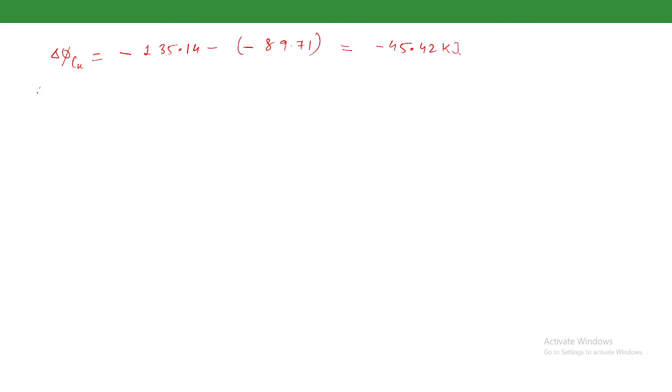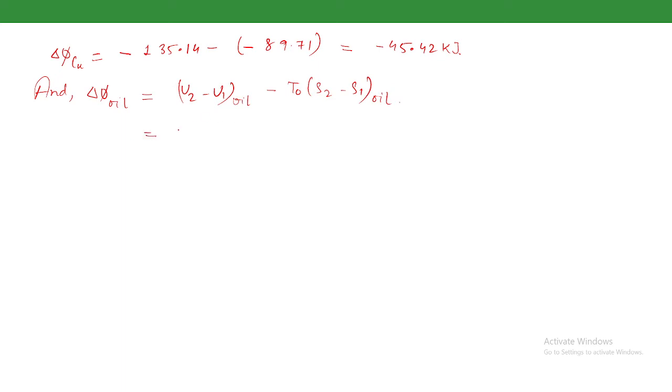And the change in available energy of oil is equal to U2 minus U1 of oil minus T naught into S2 minus S1 of oil.